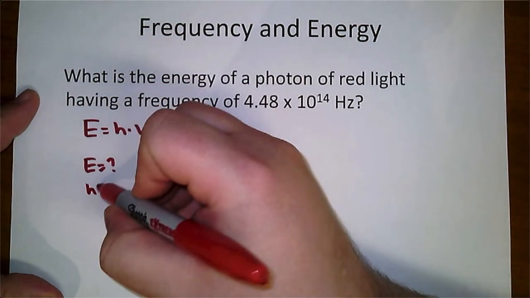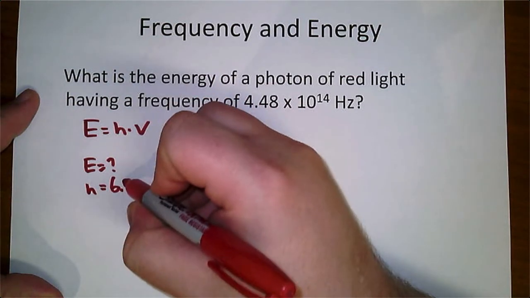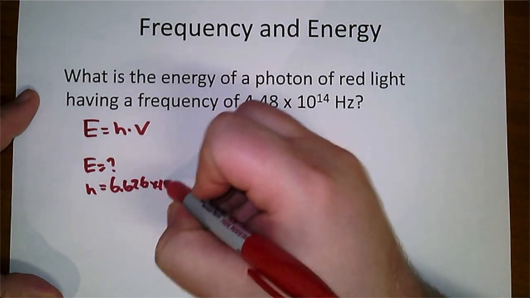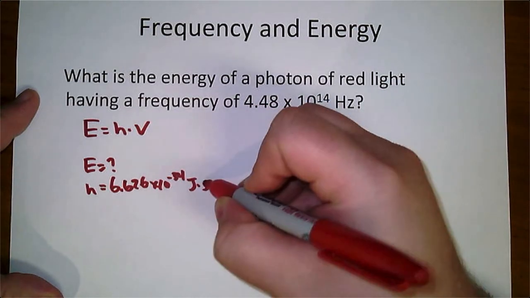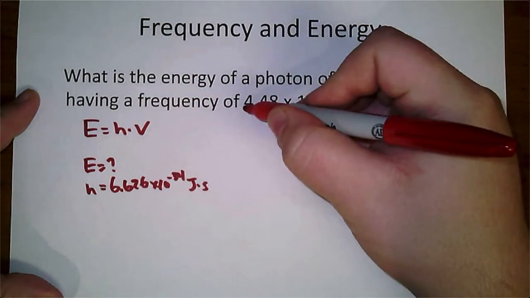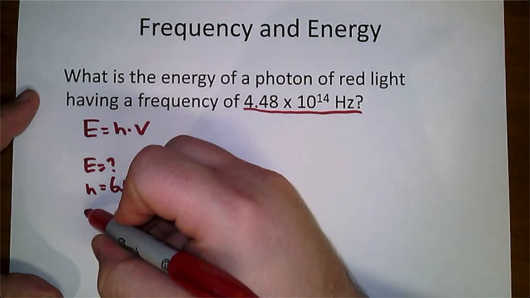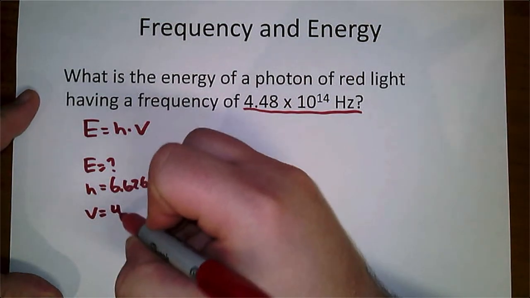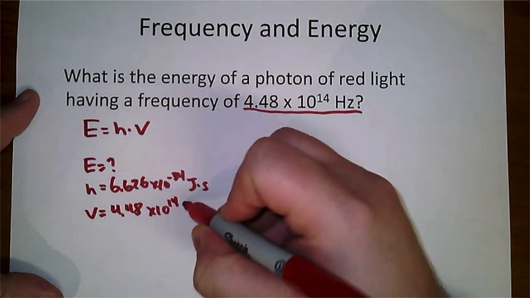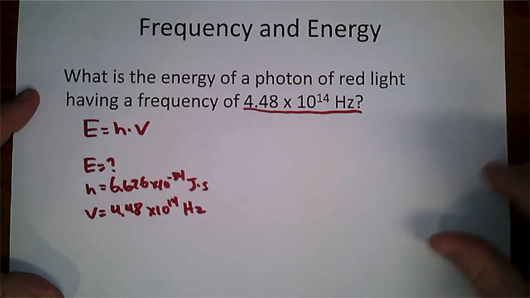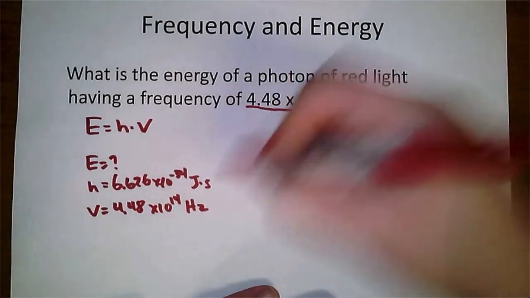Planck's constant, though, is 6.626 times 10 to the power of negative 34 joules times seconds. And then the frequency is right here in the problem. So frequency is equal to 4.48 times 10 to the power of 14 hertz. So I'm going to take these numbers and plug them in.